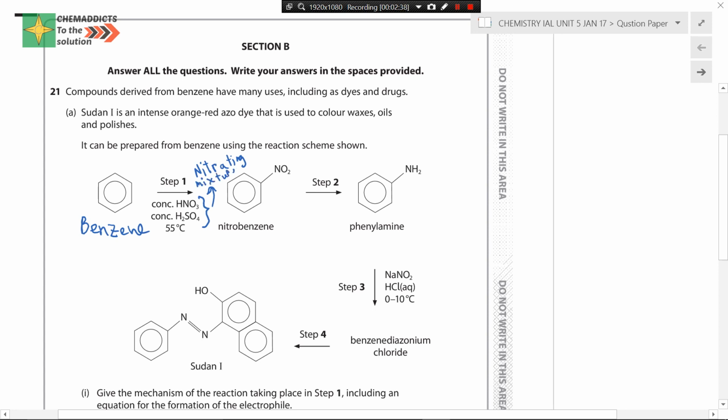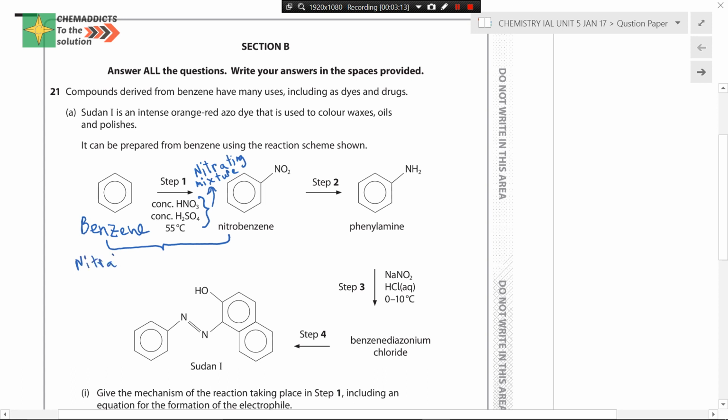In a nitration of benzene we use the nitrating mixture, which is concentrated nitric acid and sulfuric acid. We first mix these two concentrated acids together at 55 degrees Celsius and nitrous acid is formed. Then we add benzene and the nitrous acid reacts with this benzene to form nitrobenzene. So this whole process is called nitration of benzene.